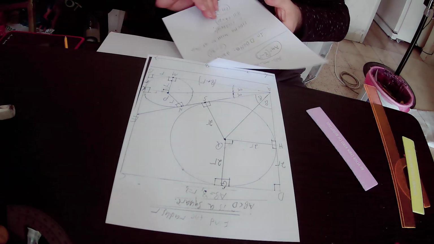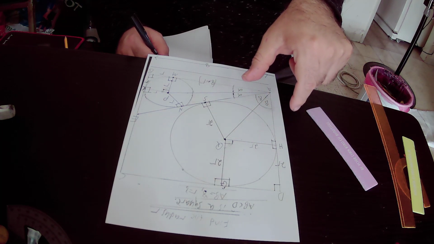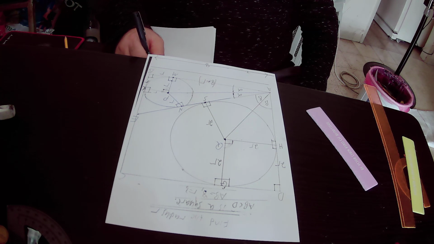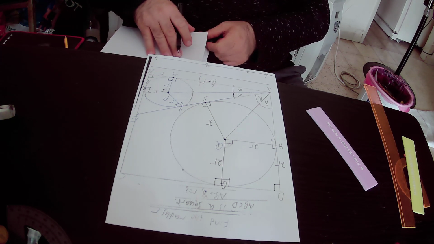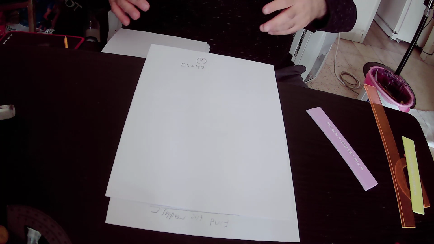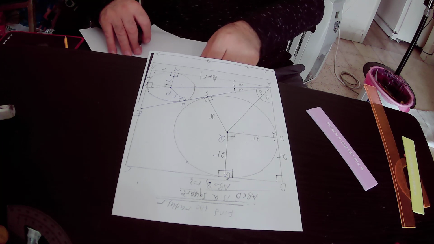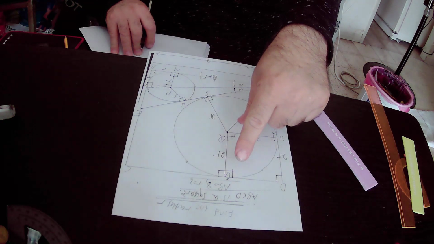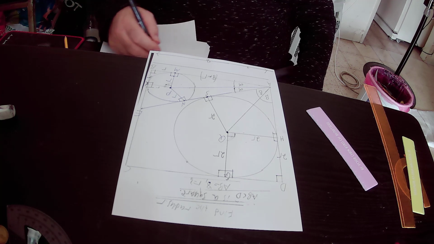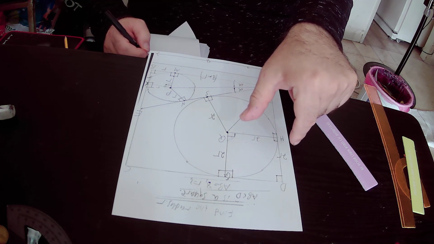So side DG equals side HQ, according to the rule that the opposite sides of a rectangle are equal, and quadrilateral DGHQ is at least a rectangle.